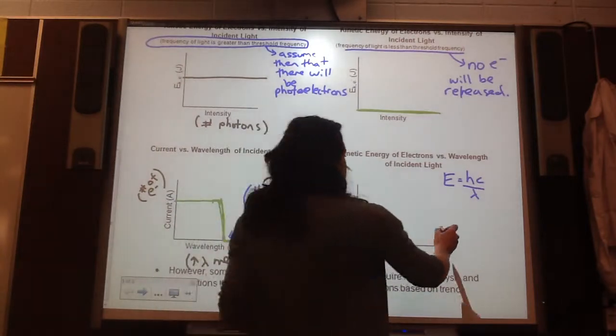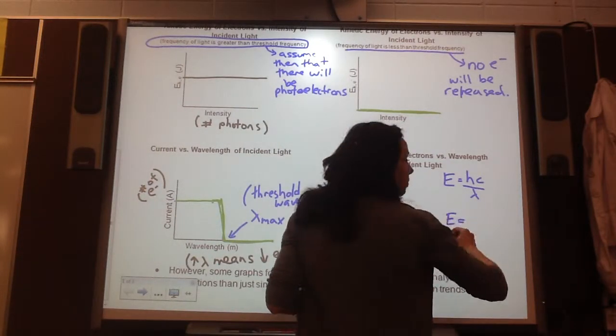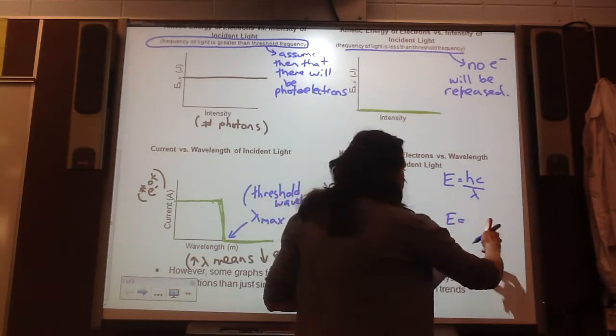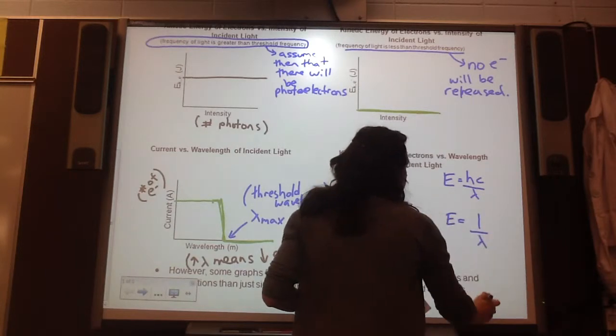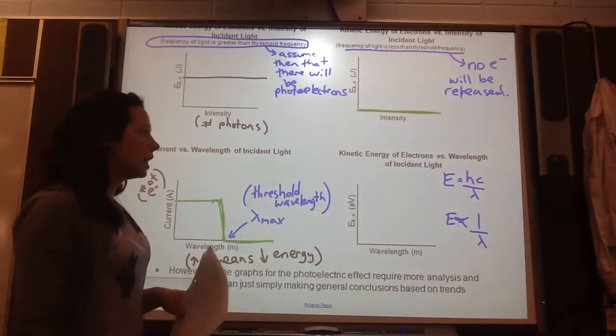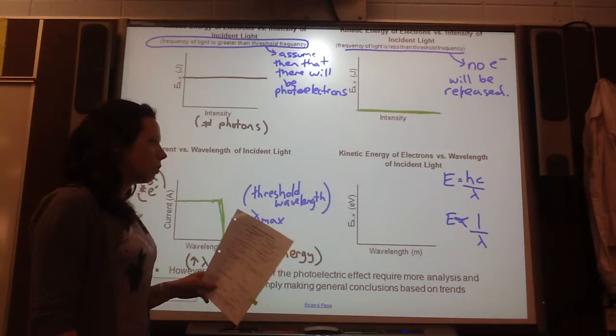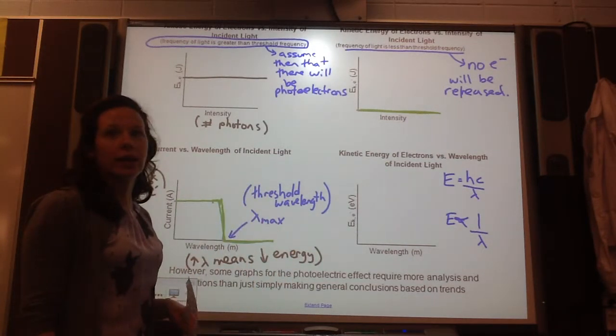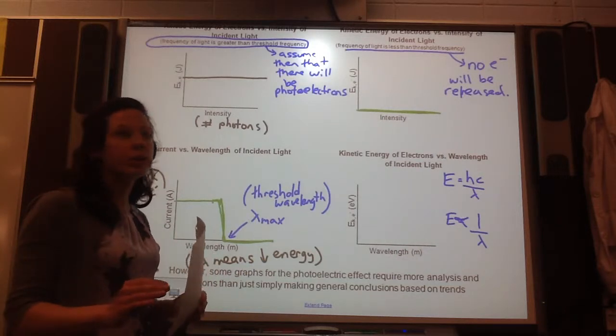So energy compared to wavelength, E is proportional to 1 over wavelength, if we're just looking at those two variables and how they're related.